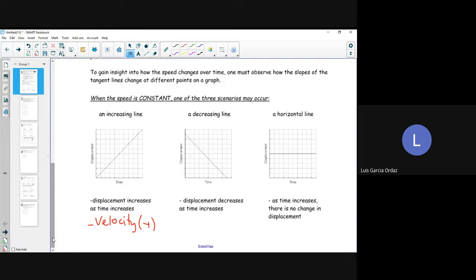If we have a decreasing line, that means your displacement decreases as time increases, which means your velocity is getting slower. And if you have a horizontal line, that means your speed is automatically 0 because you're not moving at all. So there's no rate of change or instantaneous rate of change at that point in time.